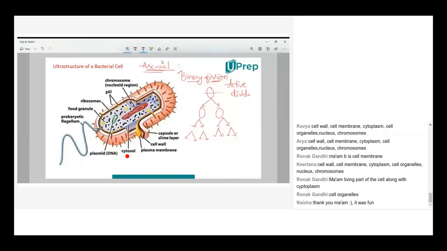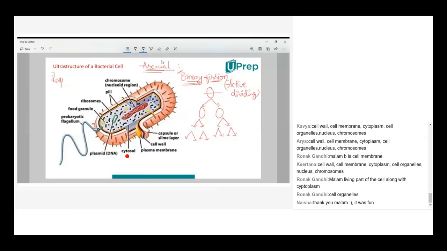When you find bacteria developing very fast and bacterial growth very frequent, then conclude it as binary fission.